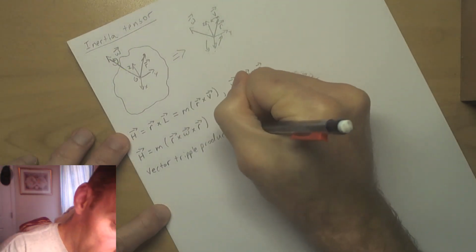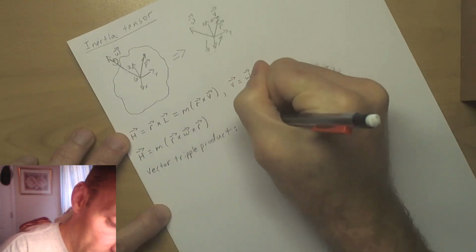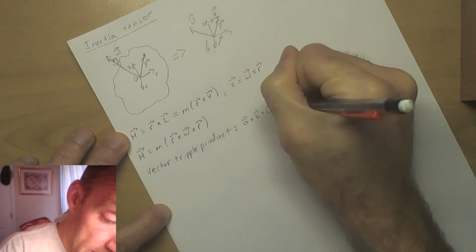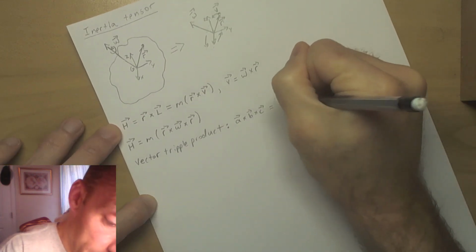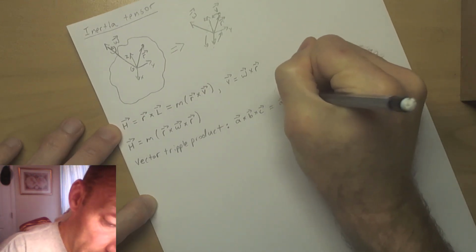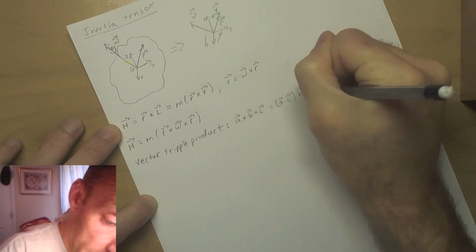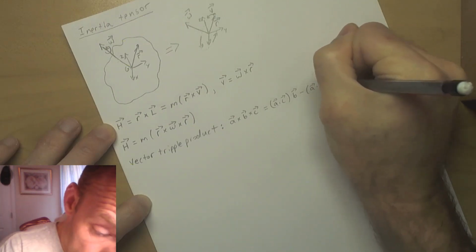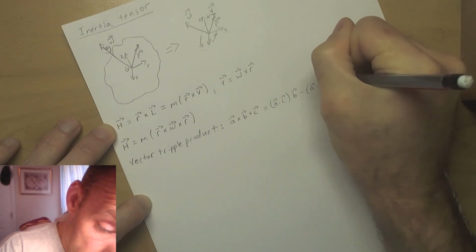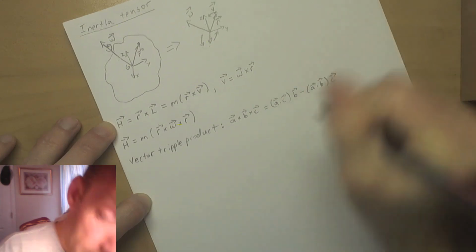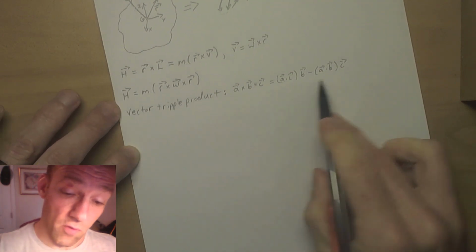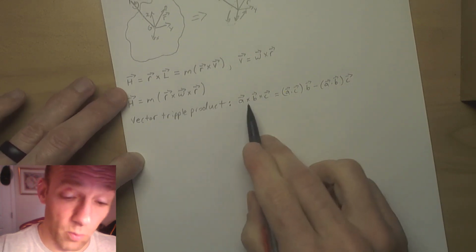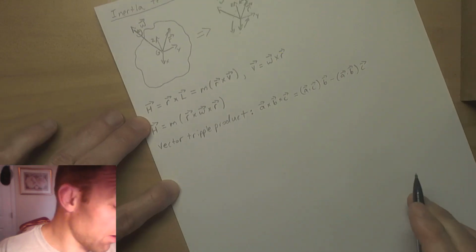And if I have three vectors A, B, and C, this is equal to... so this is a general statement for the vector triple product, as it's called, between three vectors.